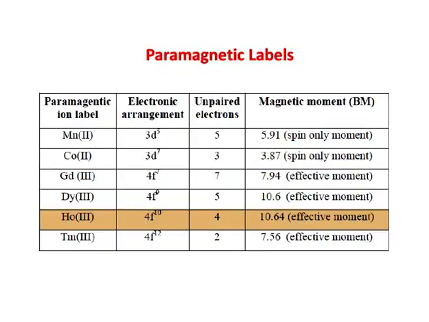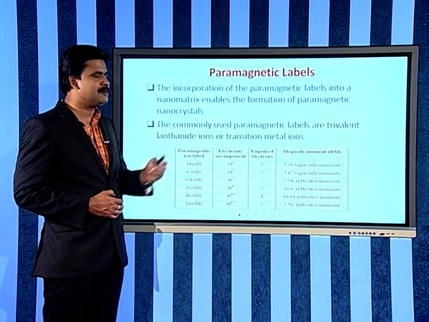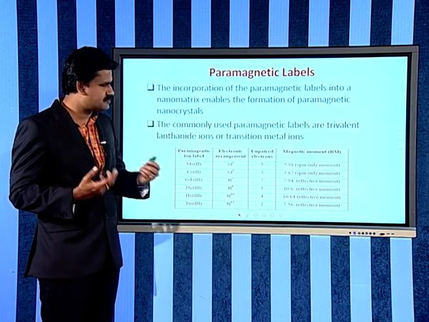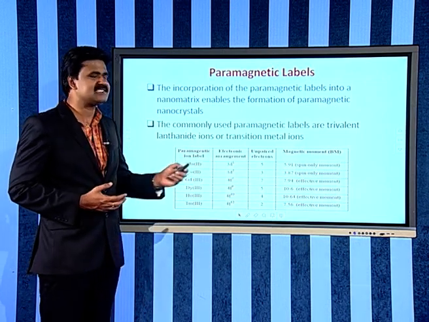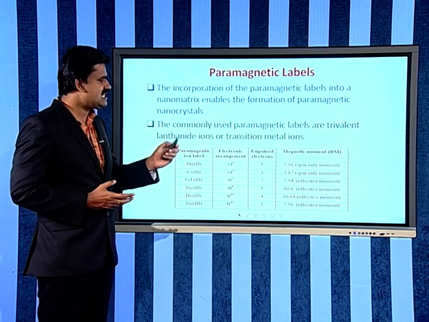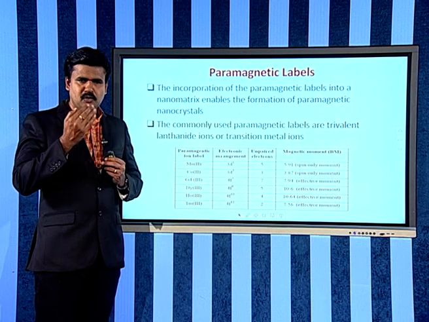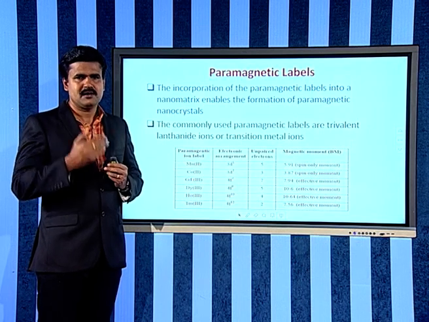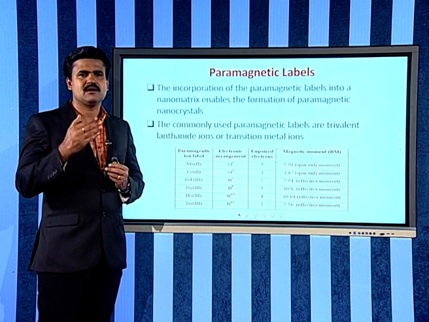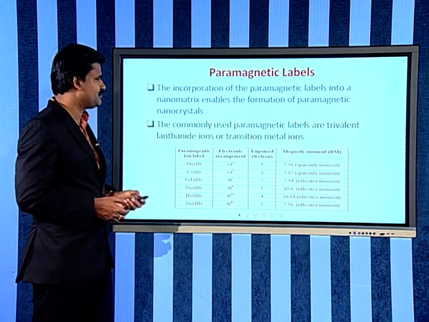For holmium 3+, the configuration is 4f10 and unpaired electrons are only 4, but the effective magnetic moment is 10.64. Note that the 10.64 value is not the spin-only magnetic moment, but the effective magnetic moment. The effective magnetic moment is the net magnetic moment obtained from contributions of both spin as well as orbital motion of the electron.